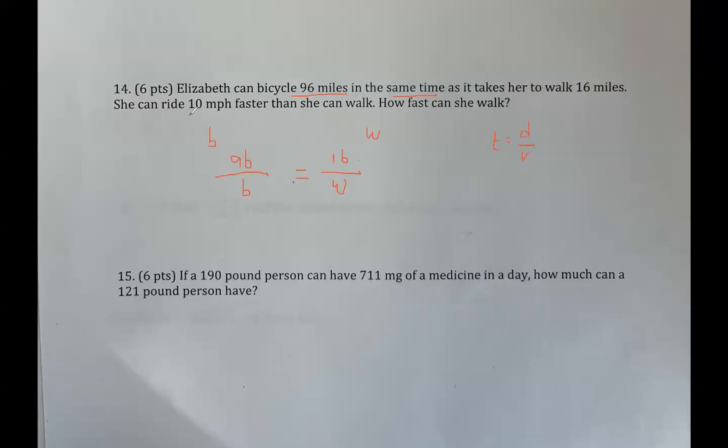What else do we know? She can ride 10 miles per hour faster than she can walk. What does this give us? This is B minus W equals 10, or B equals W plus 10. So we can change this B to be W plus 10.